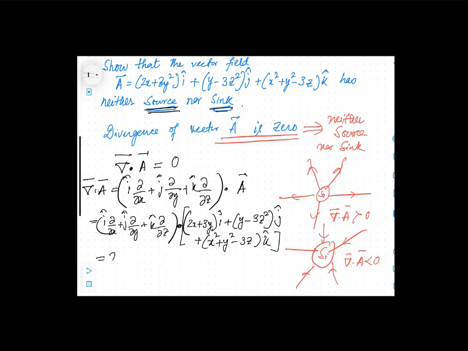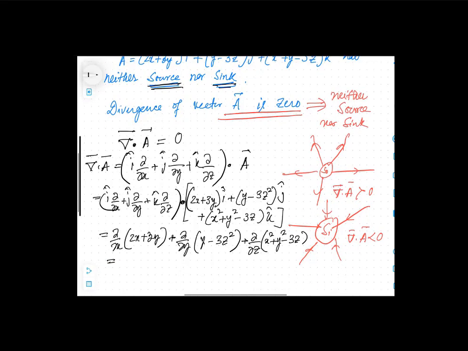So I have del x of 2x plus 3y. Then I have j dot j, so I have del y of y minus 3z square. I have del z of x square plus y square minus 3z.